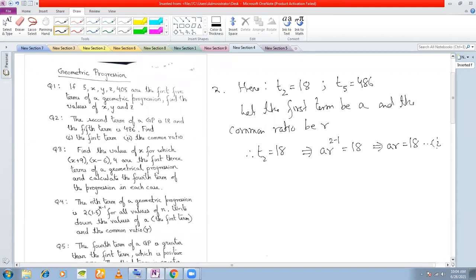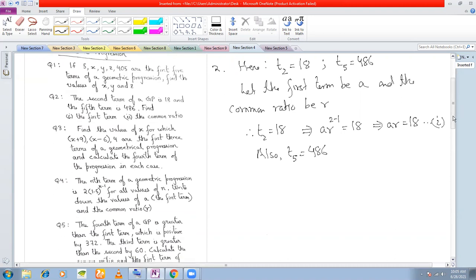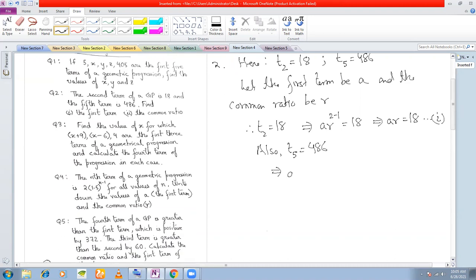So call this 1. Also, the second condition given here is T5 is equal to 486. That means AR to the power of 5 minus 1 is equal to 486. That means AR to the power of 4 is equal to 486. This is the second equation.